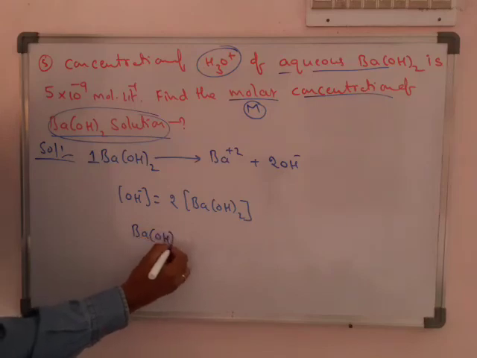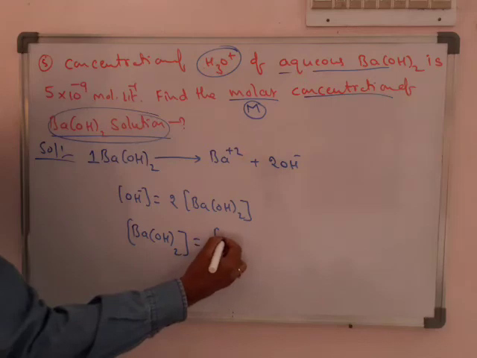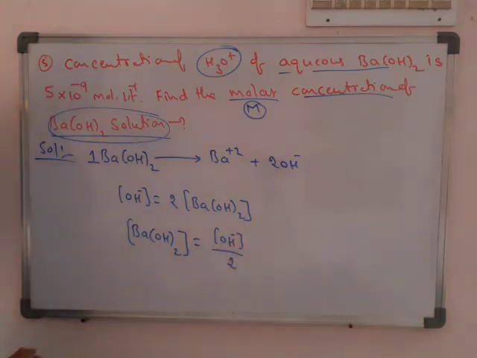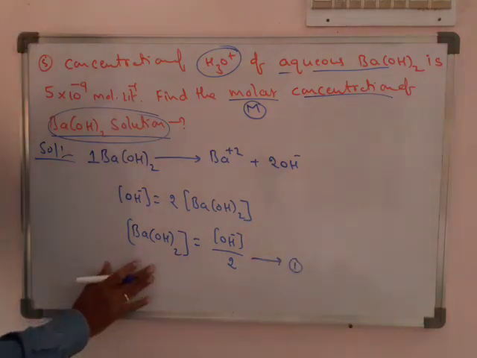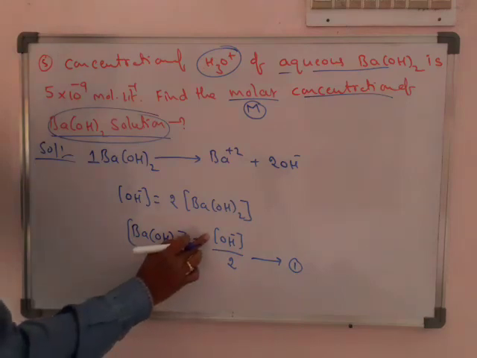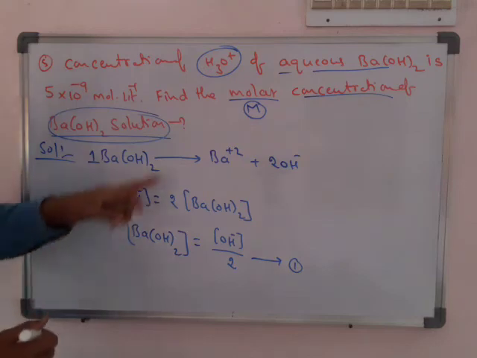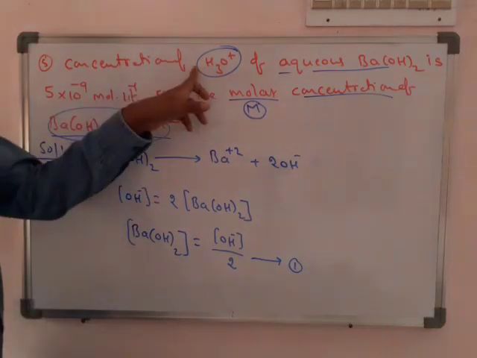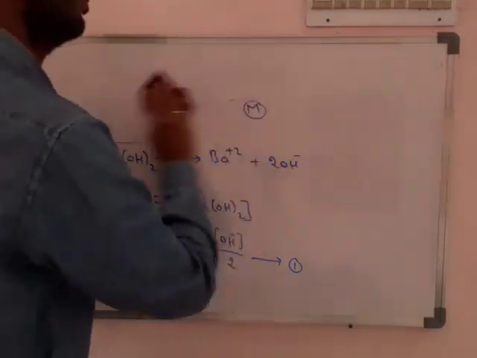Therefore, barium hydroxide concentration is equal to OH minus concentration by 2. Just take it as equation 1. Means to get the barium hydroxide concentration we have to know the OH minus hydroxide ion concentration. But in the problem the clue is given in terms of proton, nothing but in terms of H3O plus.